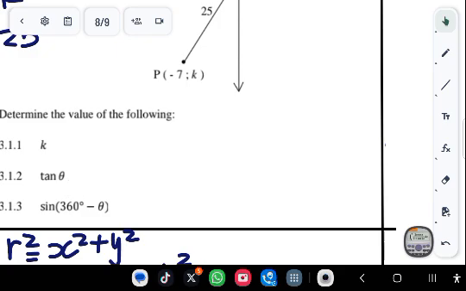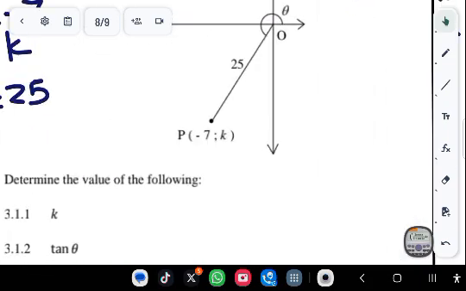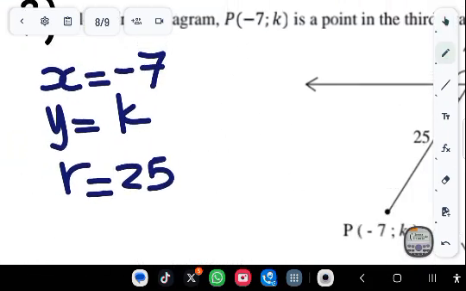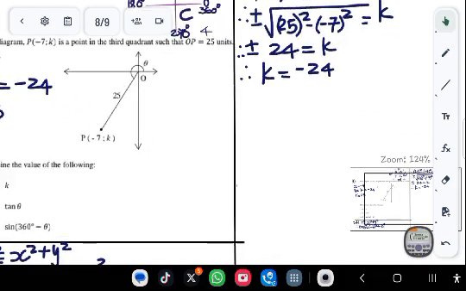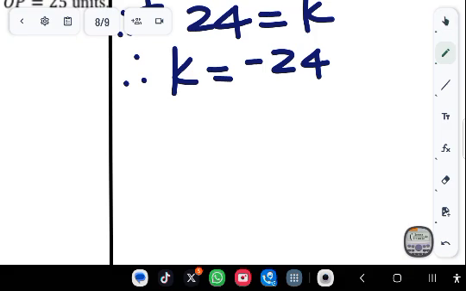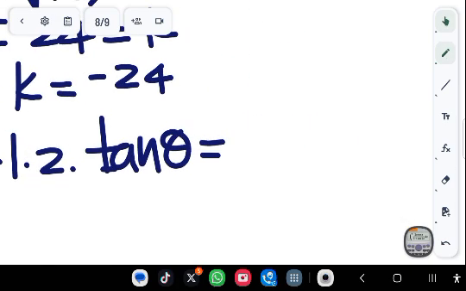Next, find the tan of theta. We've got our x, y, and r. Okay, there. k equals negative 24. So we've got our x, y, and r. Okay, finding tan will be easy. 3.1.2. The tan of theta is equal to y over x.